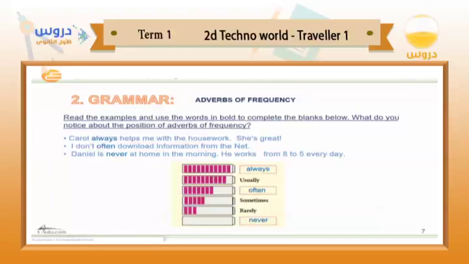But in the last sentence you'll notice that never comes after the main verb. In each sentence we have a verb do, but this sentence has a verb be. So an adverb of frequency usually comes after the verb be, but before any other verb. An adverb of frequency comes before a main verb, but after a verb be.